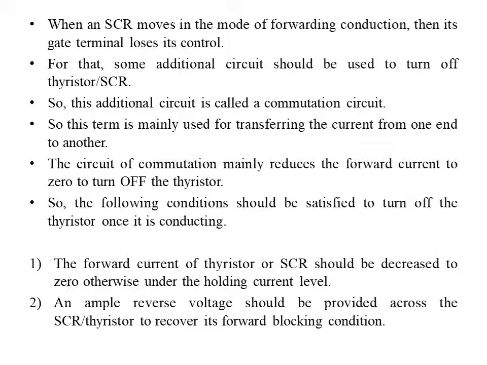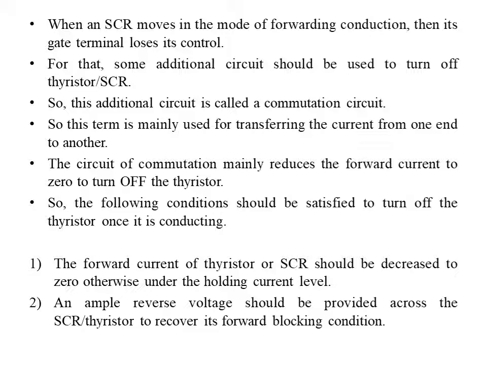So in order to bring the thyristors or SCRs to the off state, we should control the large forward current and bring that current down to the holding level. Otherwise, it is very difficult to bring the thyristors to the off state. That means we should control the forward current by adding resistances, or by bringing that current to the holding state.